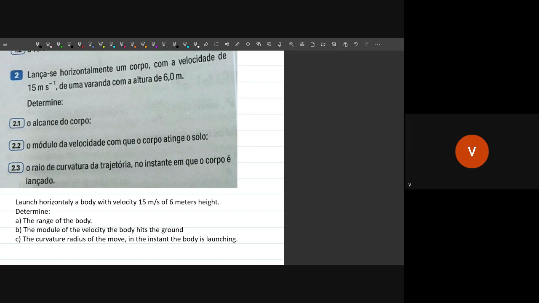Yeah. Position in X is the range of the first question. So like this.